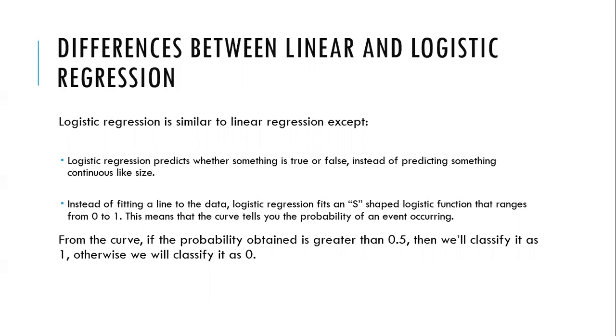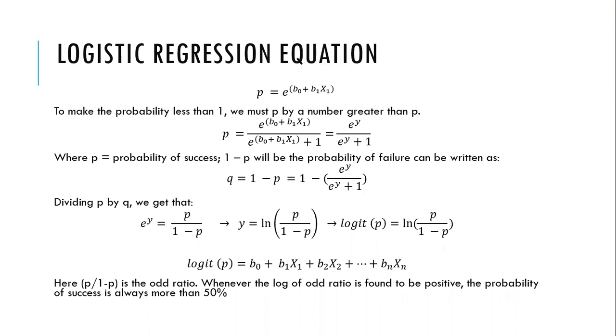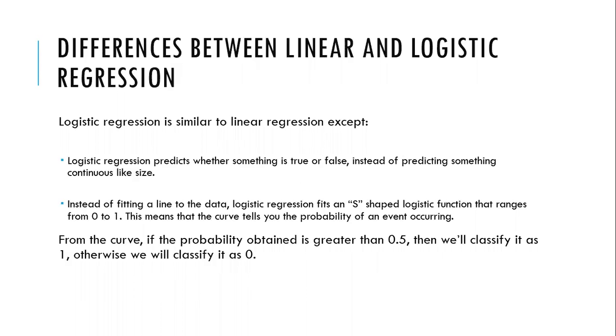So one may ask, we have this equation that's quite similar, but we see a slight difference. What's the difference between logistic regression and linear regression? Logistic regression is quite similar to linear regression, except that while logistic regression tends to predict whether an outcome is true or false, linear regression tries to predict the size of the variable.